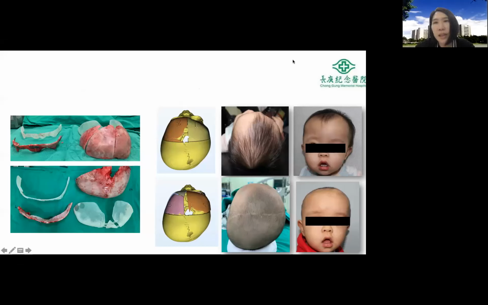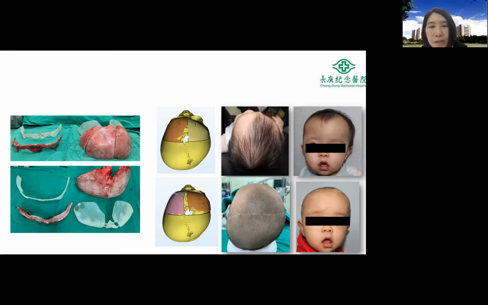I think there are different opinions on the overcorrection of unicoronal synostosis. What I learned in CK's hospital, they don't prefer an overcorrection on the bone. So actually, I don't do the overcorrection.